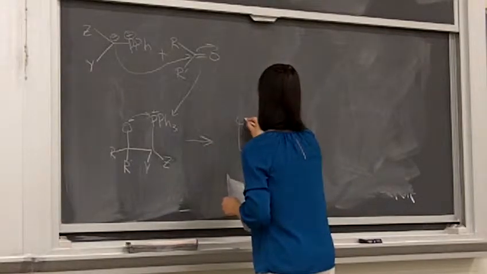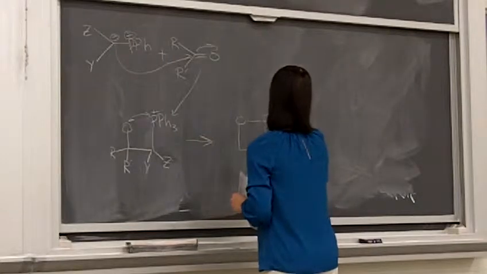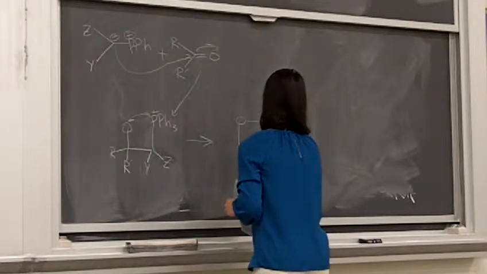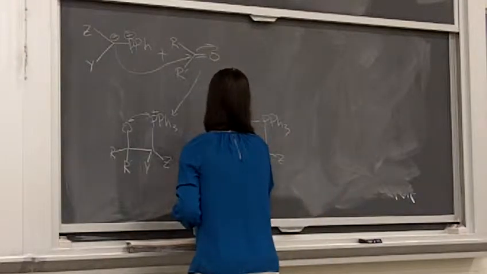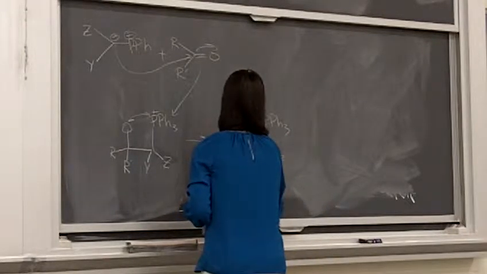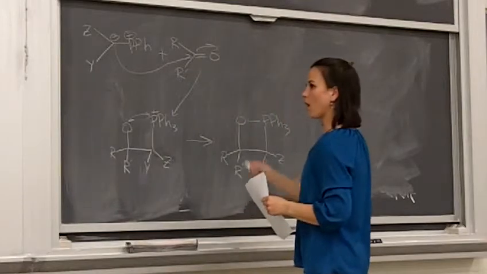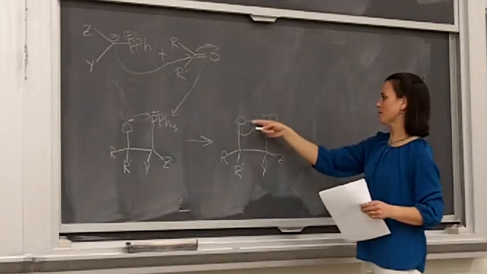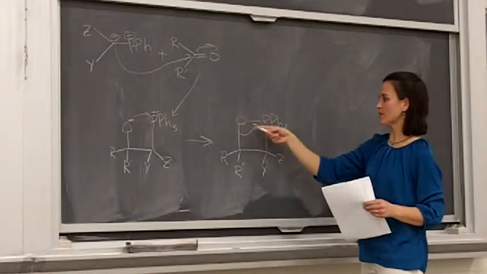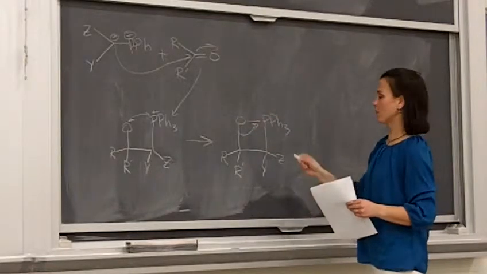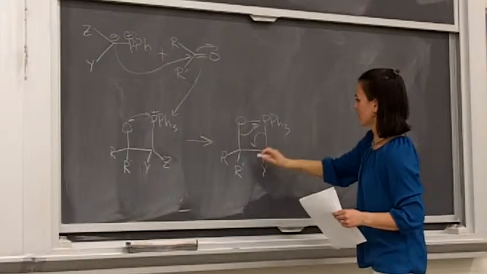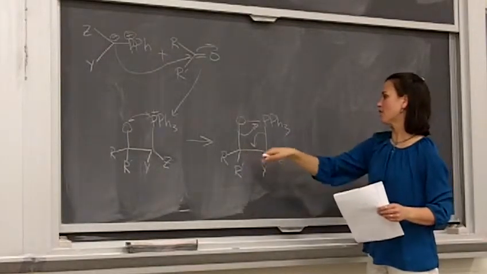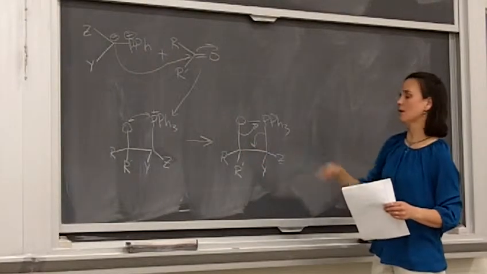So here we've got our bond here is going to go with the oxygen and the triphenylphosphine, so that's how we get our double bond there. And then we've got this collapse here. That's how we get the double bond between this carbon of our starting aldehyde and this carbon of our ylide.